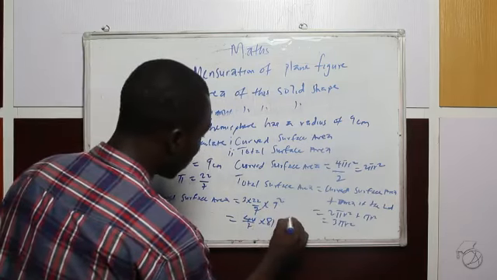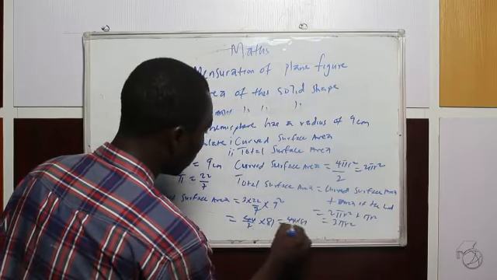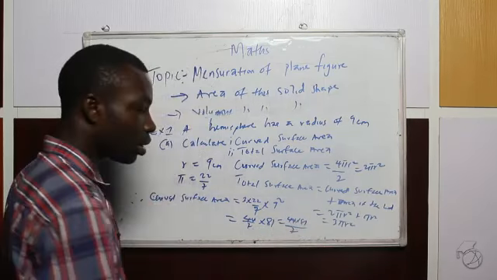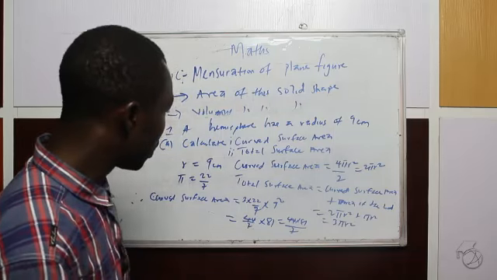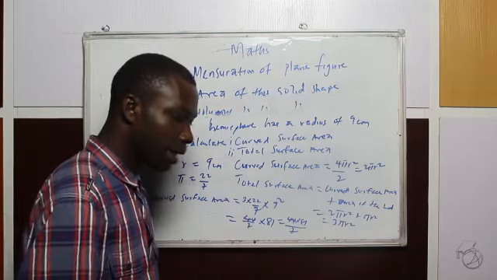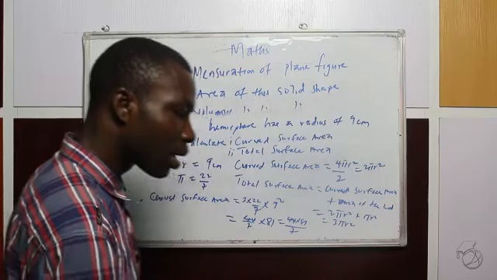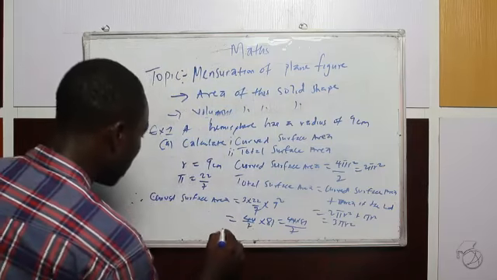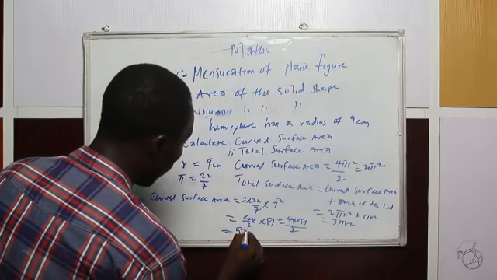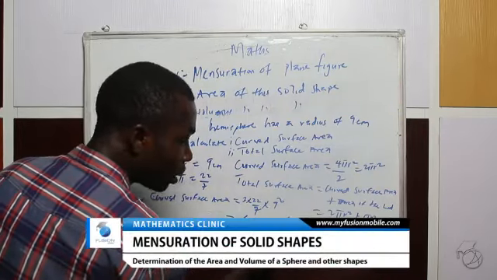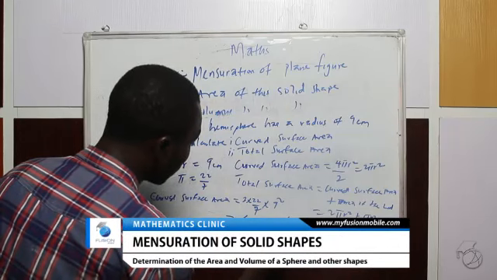Which will now give us 44 times 81 divided by 7, and the answer is equal to 509.17 square centimeters.